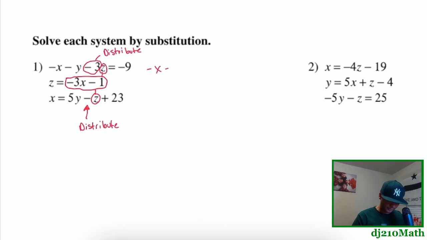Negative x minus y minus 3, open parentheses, 3x minus 1, equals negative 9. All right, distributing, we get negative x minus y plus 9x plus 3 is equal to negative 9.